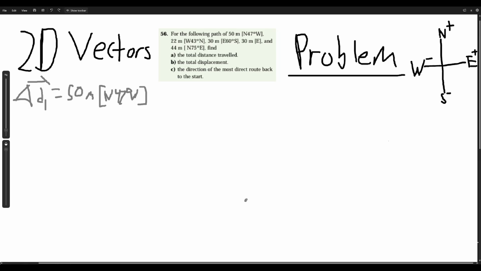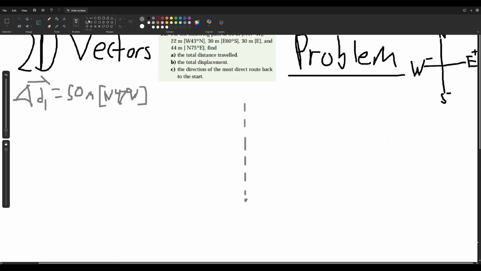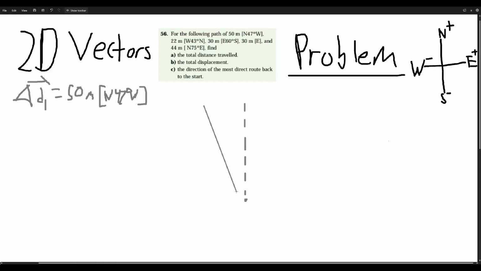So you can kind of just imagine that. This is the north axis. And then we stray 47 degrees west. West is left. So it looks something like that.